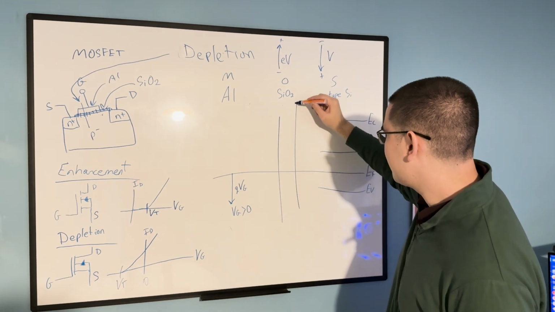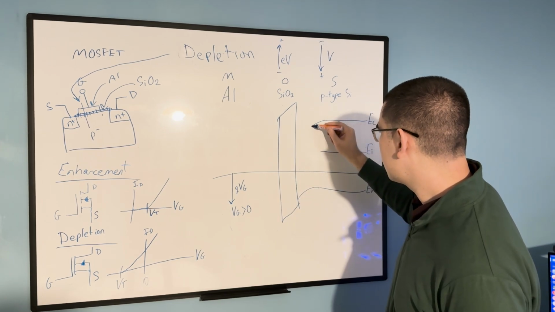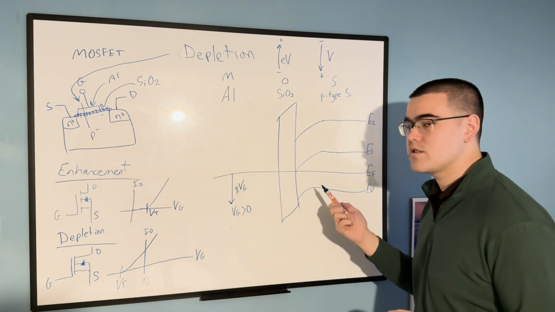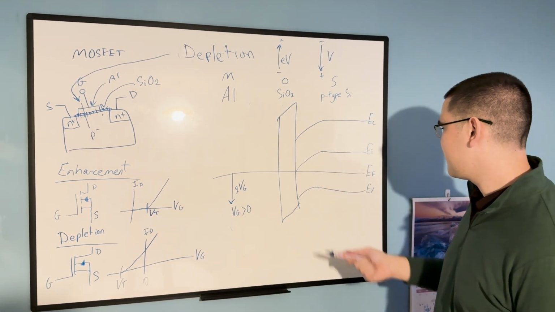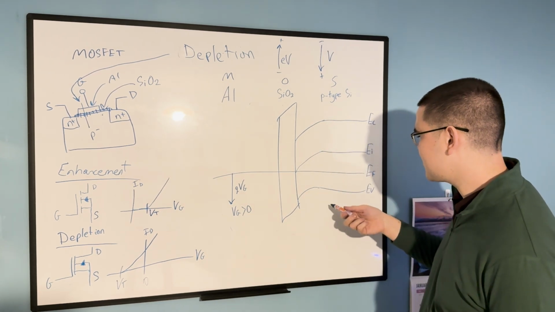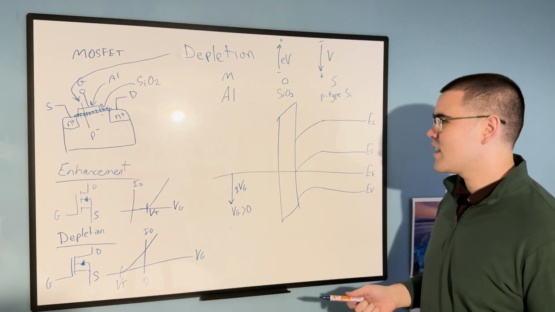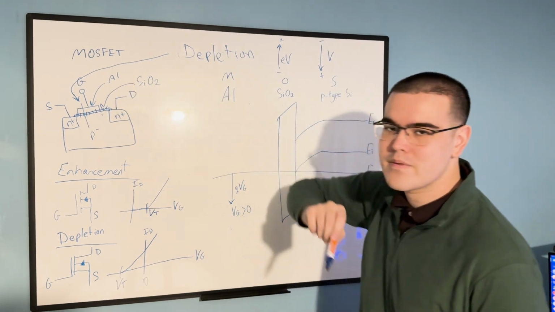The oxide layer will bend the other way. So that at the interface, look at it, the intrinsic level is equal to the Fermi level. So the Fermi level is not closer to electrons, it's not closer to holes, it's in the middle, so it's intrinsic, okay? So that means there are no mobile carriers at this interface here.